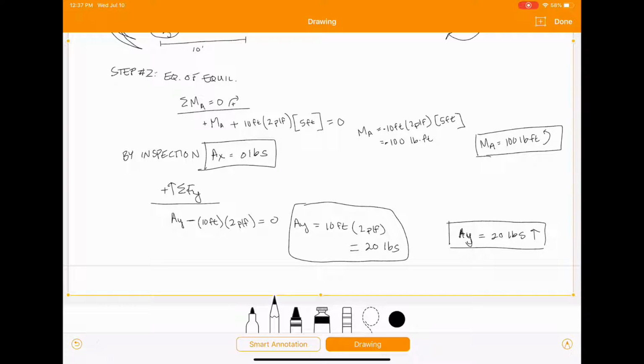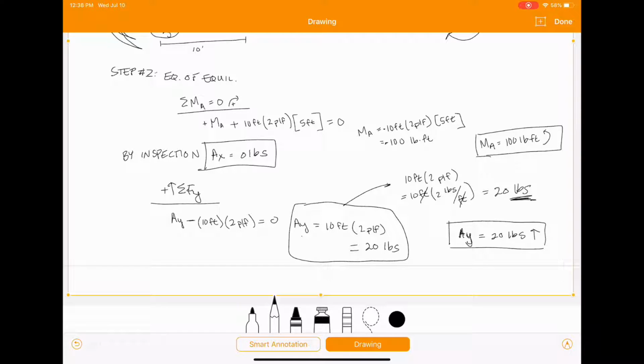So if we look at this equation right here, we've got 10 feet times 2 PLF, which is actually 10 feet times 2 pounds per foot. So we can see that the feet cancel and we're going to be left with 20 pounds, which is a force, which is what we want for our reaction.